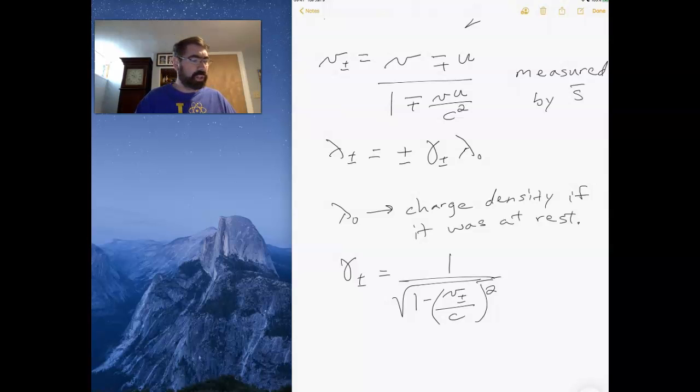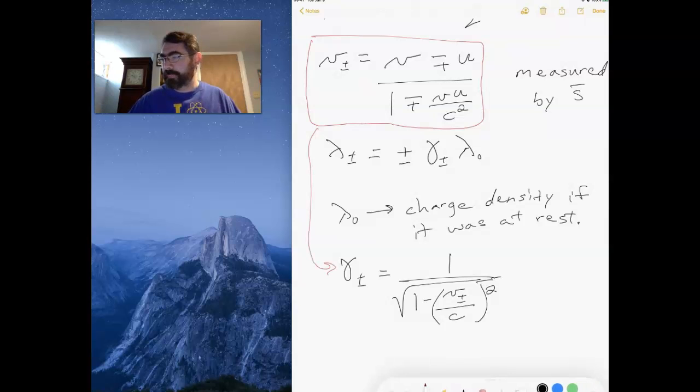So we have to figure out what that gamma is for v plus minus. Well, it's given above right here, so you'd have to put that into this equation to get the gamma factor, to get what the transformed line charge is going to be.